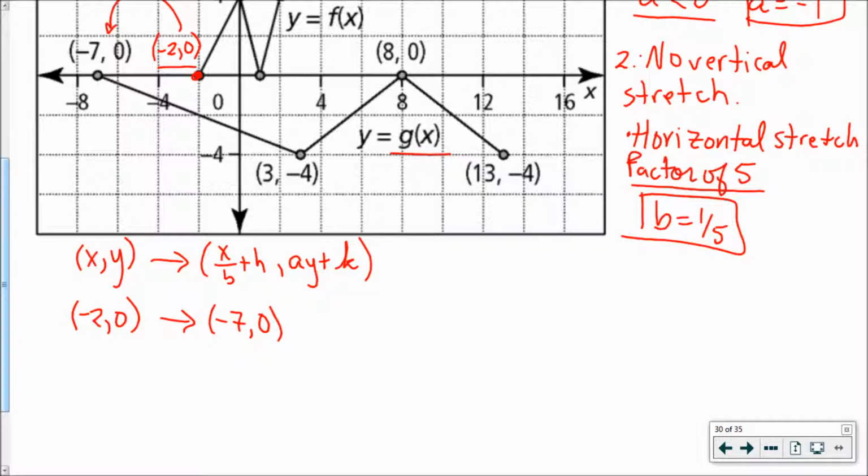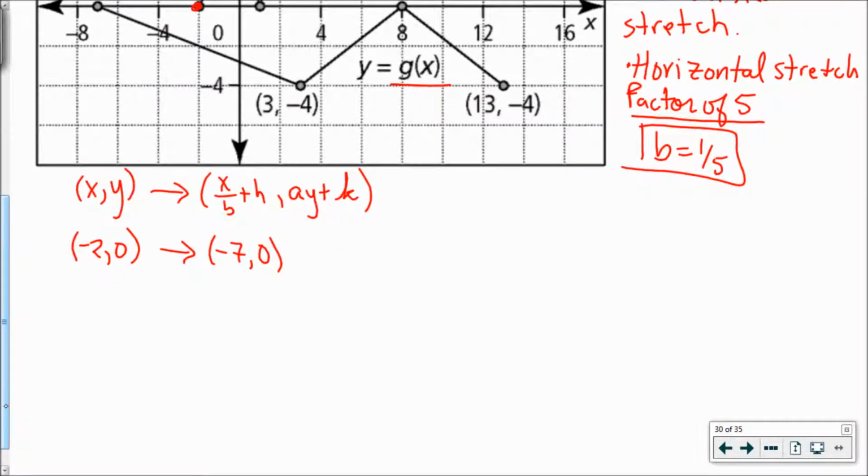So what I'm going to do is take that original x value of -2 and multiply it by the factor. This is like dividing by 1/5, divide by b. What that really means is I'm multiplying it by 5, right? The factor is 5. So I multiply by that, plus h has to equal the new x value of -7.